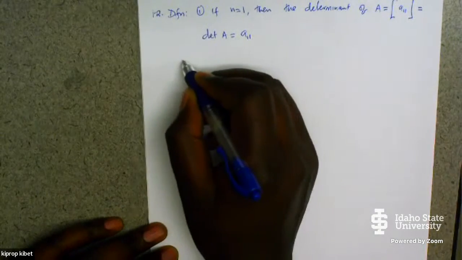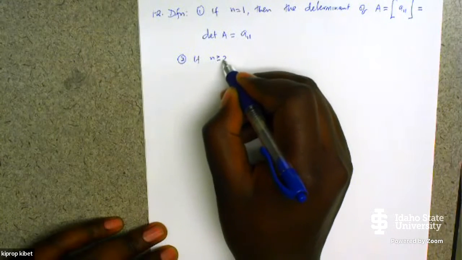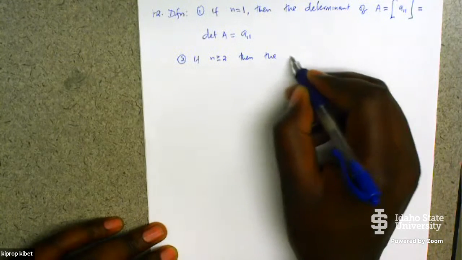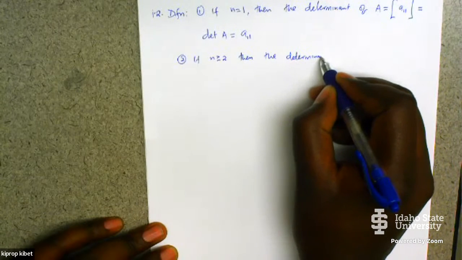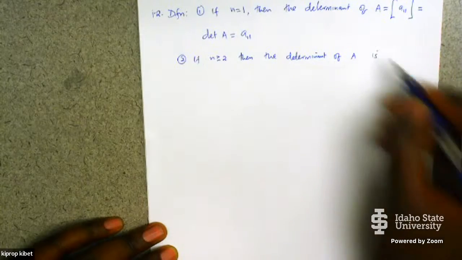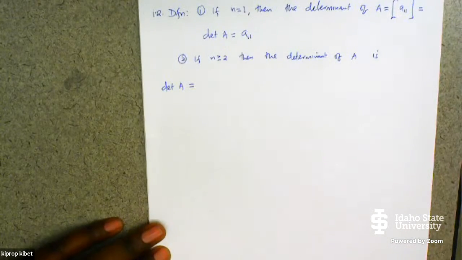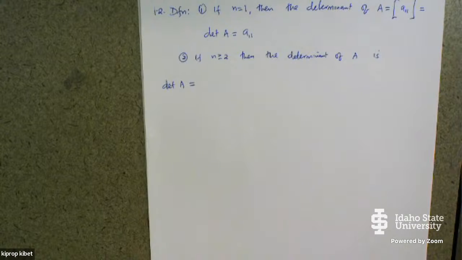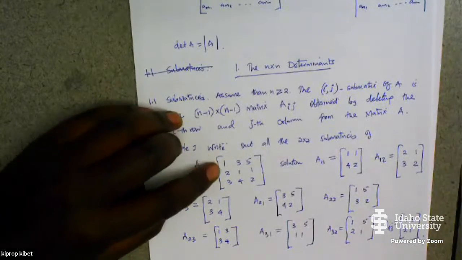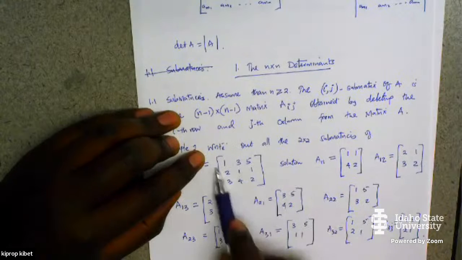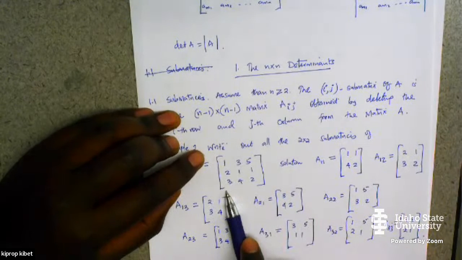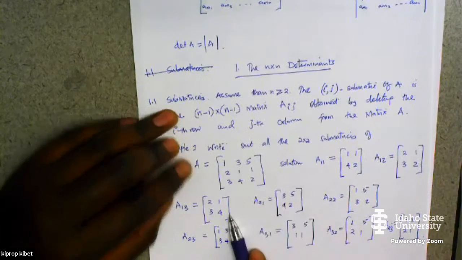Now, number 2, if n is greater than or equal to 2, then the determinant of A is equal to the following. We take that entry, for example here, after we delete the first row and the first column.